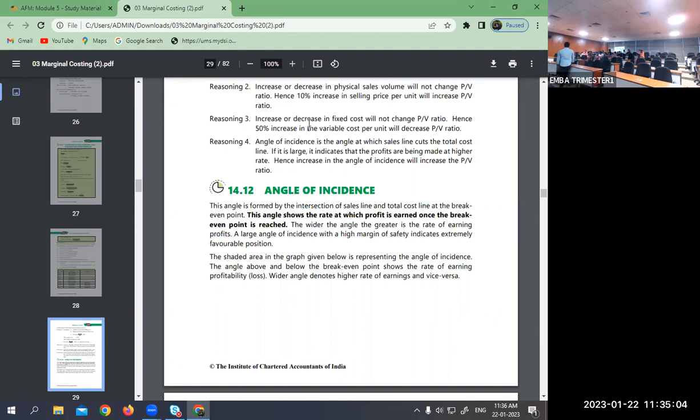In Section A, 5 questions will be there, one question from each module. In Section B, you have to answer 4 questions. In the previous year question paper, I think there were 5 or 6 questions, but you are supposed to write 4.